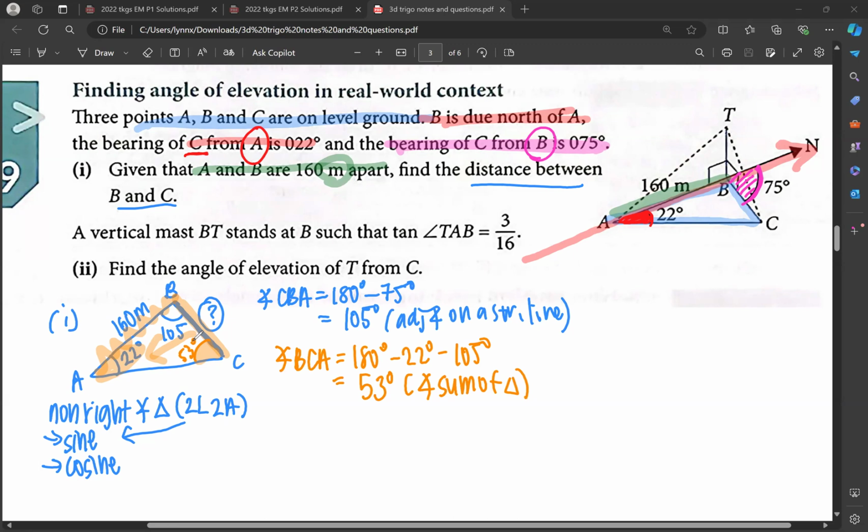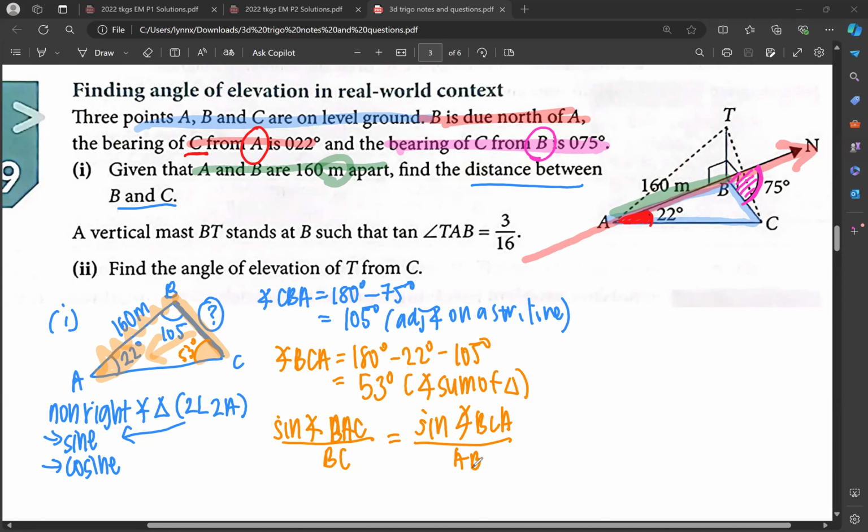So right now, guys, before I put in the numbers, I need to write down the alphabets first. So I can say sine angle BAC over BC is equal to sine angle BCA over AB.